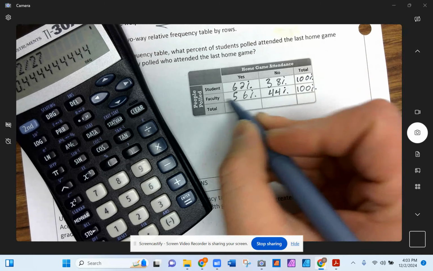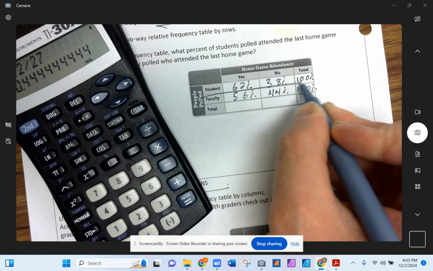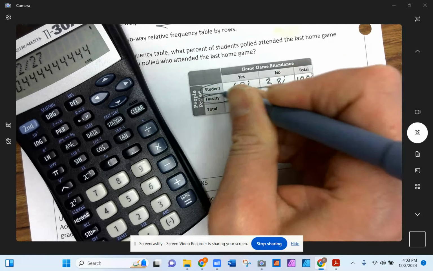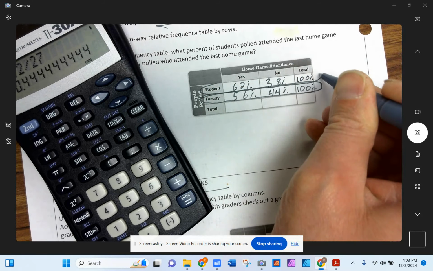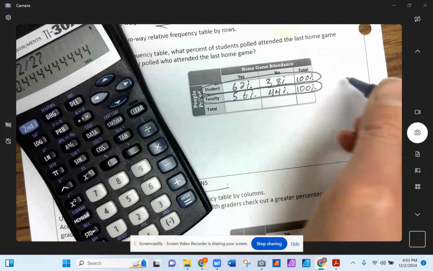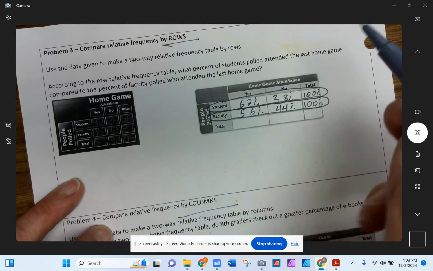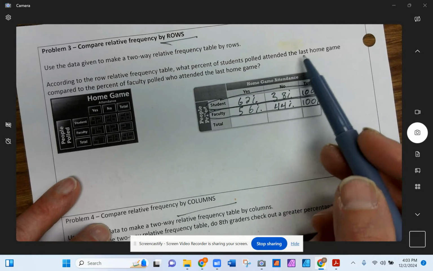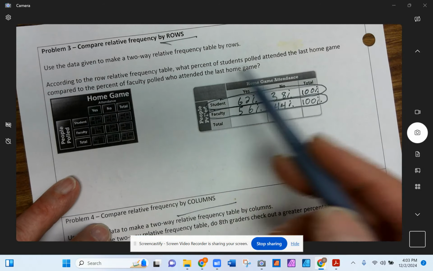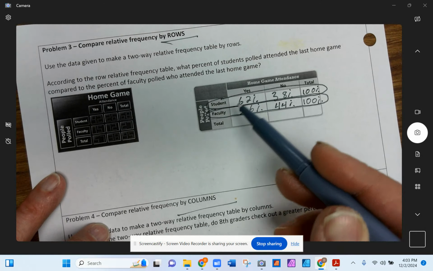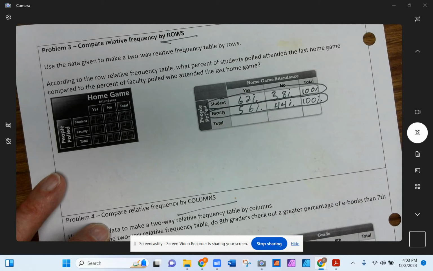Okay, so for faculty, we've got this here. And then for students, we're comparing within that relative row right there. According to the row, what percent of students polled attended the last home game compared to the percent of faculty? So out of students, 62% attended the home game versus 56% of faculty, okay?